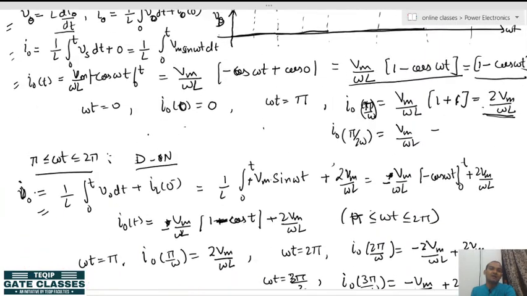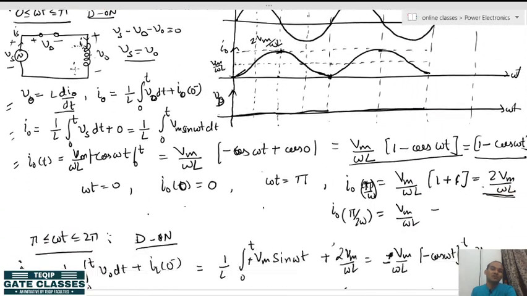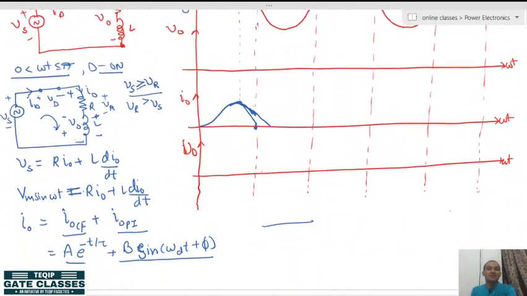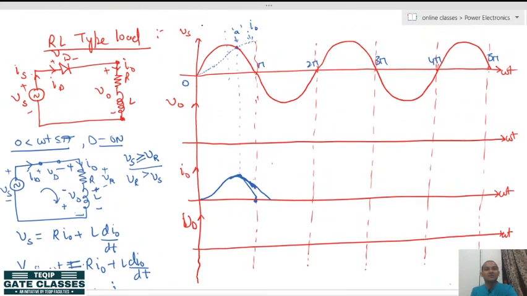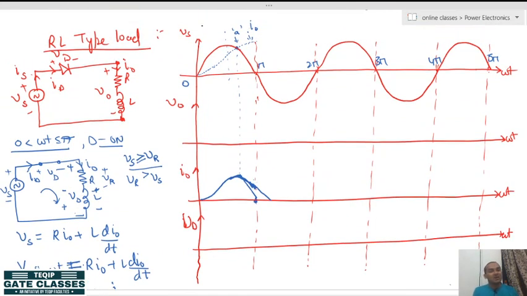The analysis which we have done with the pure inductor case. Till the inductor discharges itself, it will not allow the diode to turn off. We are considering the second case, that the inductor is not discharging at pi but after pi.